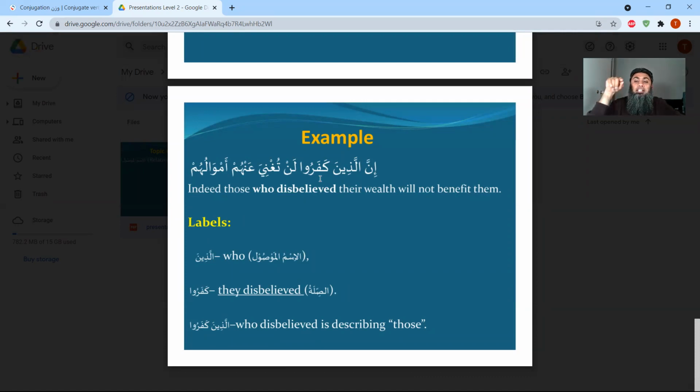Okay, the sister who said it is fail. Obviously, now you need to tell me if it is fail. Fail has 3 types: Madi, Mudare, and Amr. Which one is it? It's Madi. Brother Amir, what is it? Yeah, it's Madi. It's the third position in the chart. Okay, it is Madi and number 3 in the Madi chart.